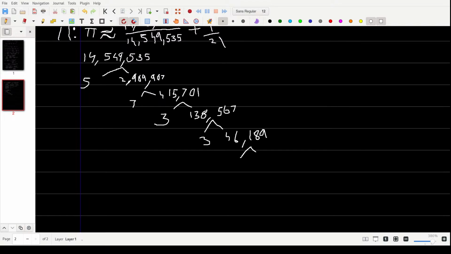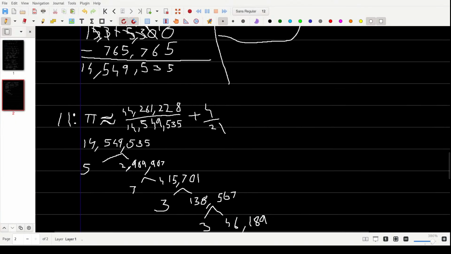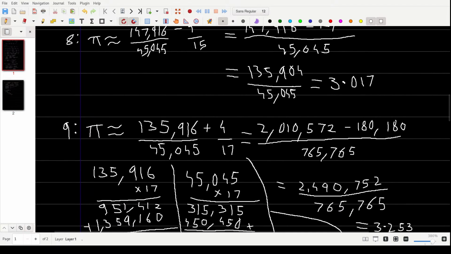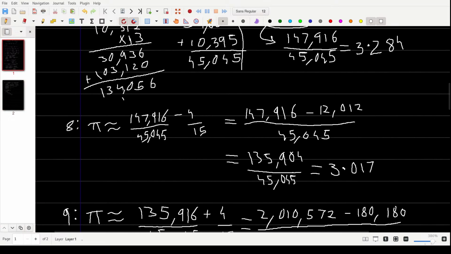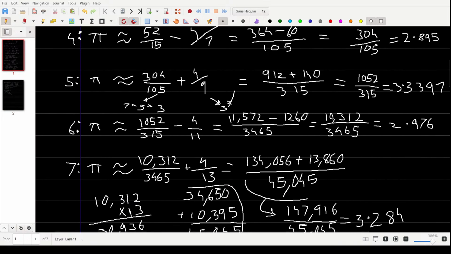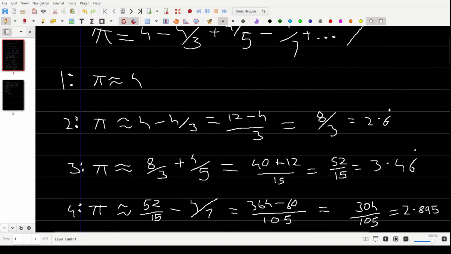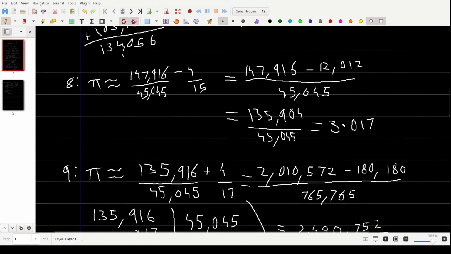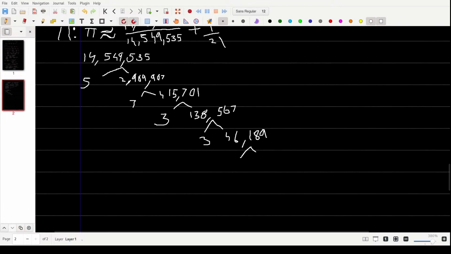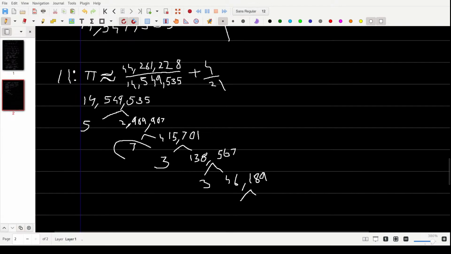Is this a prime number? Let's check. So, we've got 19, 17, we got 15. I mean, we only really need these two, don't we? That just means we can leave this as it is.